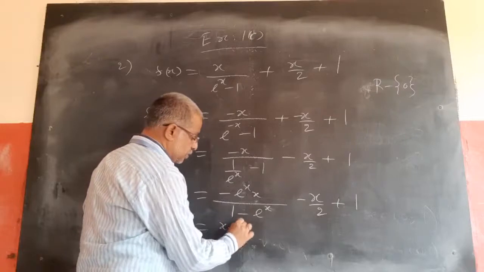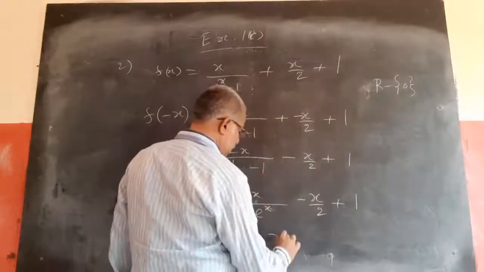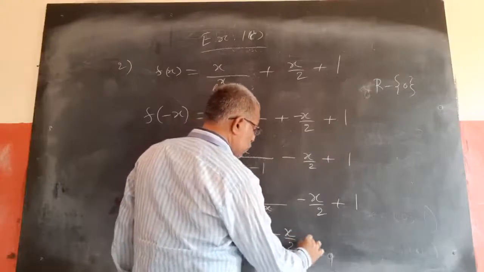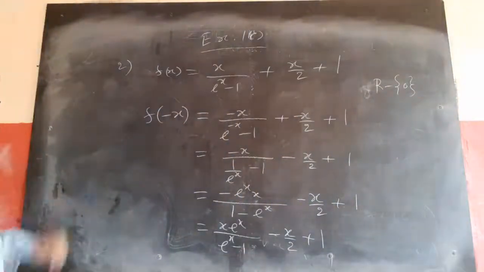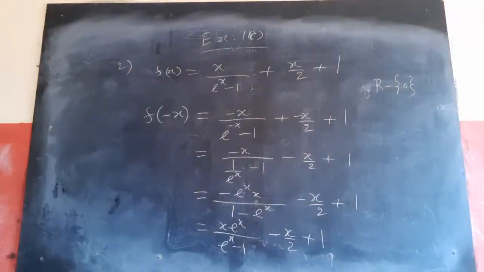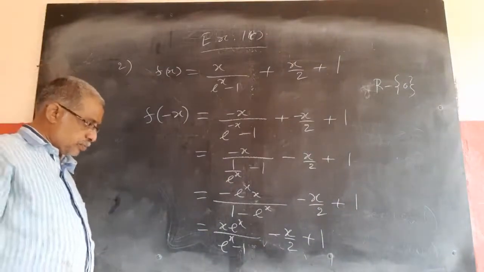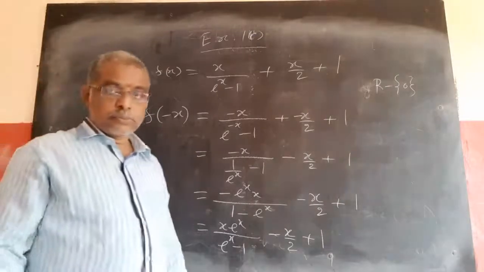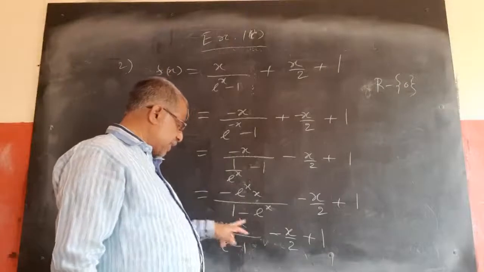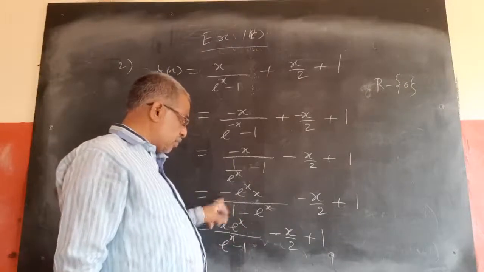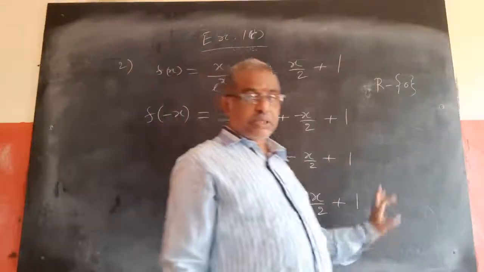This becomes x into e power x by e power x minus 1, minus x by 2 plus 1. So I take minus common in the denominator, it becomes e power x minus 1, and the minus minus cancels: x into e power x by e power x minus 1, minus x by 2 plus 1.